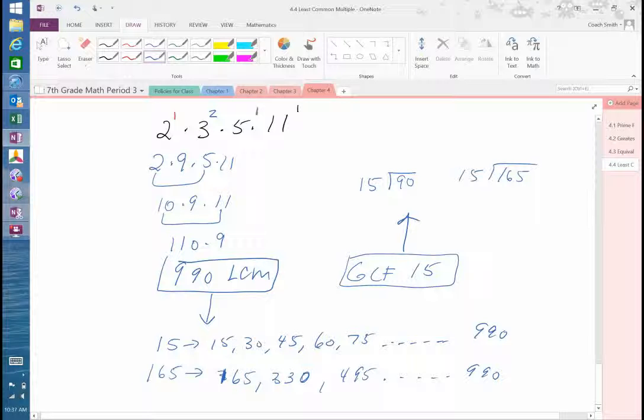Okay? So you've got to keep the two ways and know what the two things stand for. Remember, this is multiples. This is factors. Okay, you've got to keep the two things straight. Keep them separate.